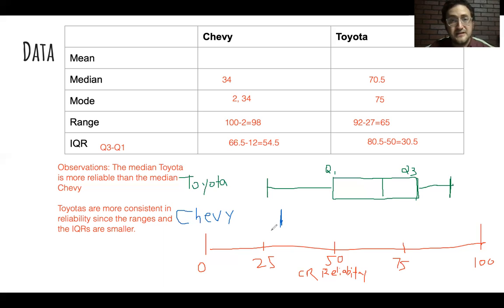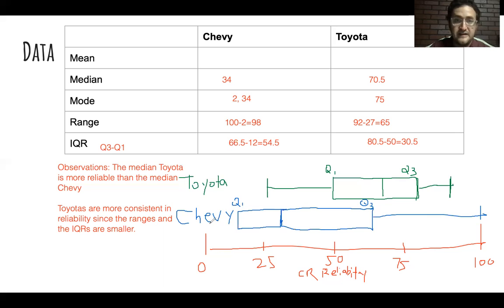And the Q3 was 66.5, and the Q1 is down at a 12. And then the maximum reliability is 100, and the minimum reliability is a 2.